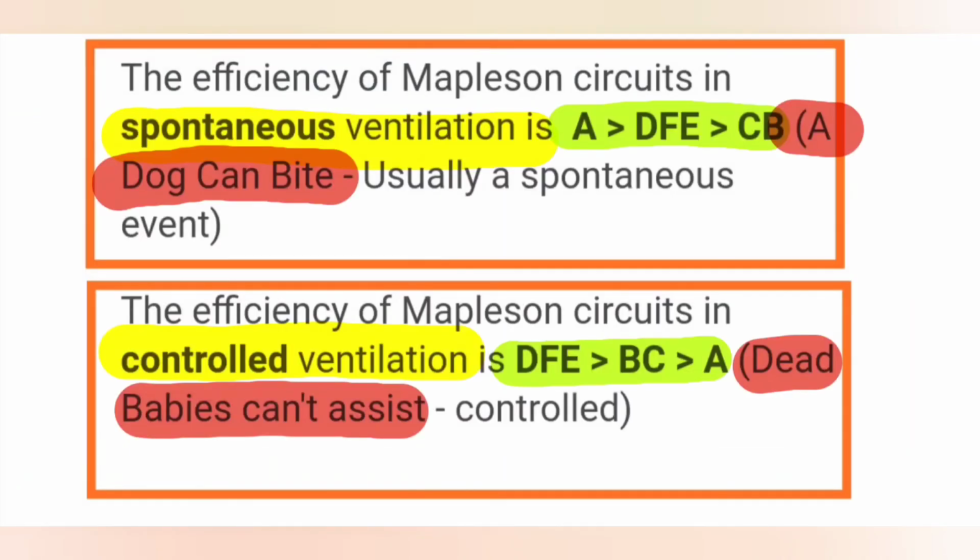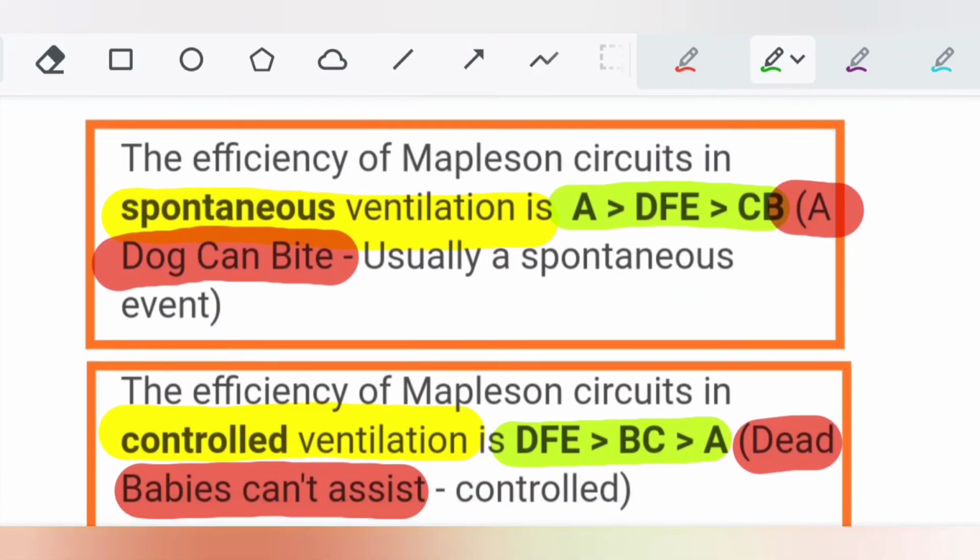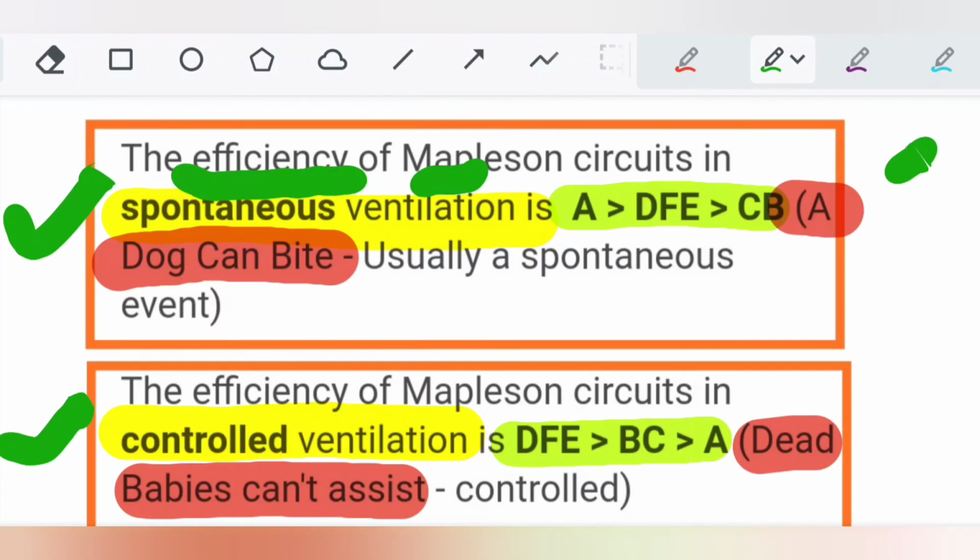Now here is a mnemonic to remember the efficiency of Mapleson circuits. This is also a commonly asked question, so I kept it here. The efficiency of Mapleson circuits will be asked, one for spontaneous ventilation and one for controlled ventilation.